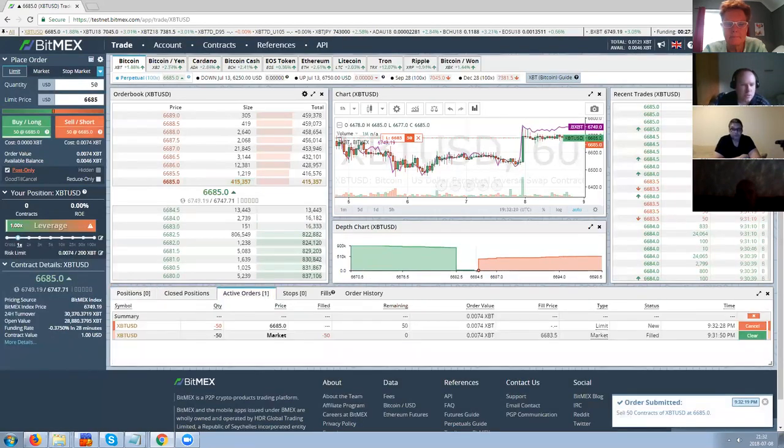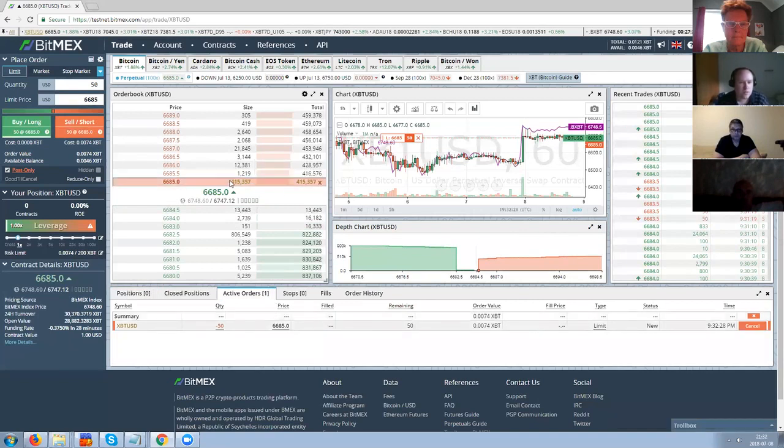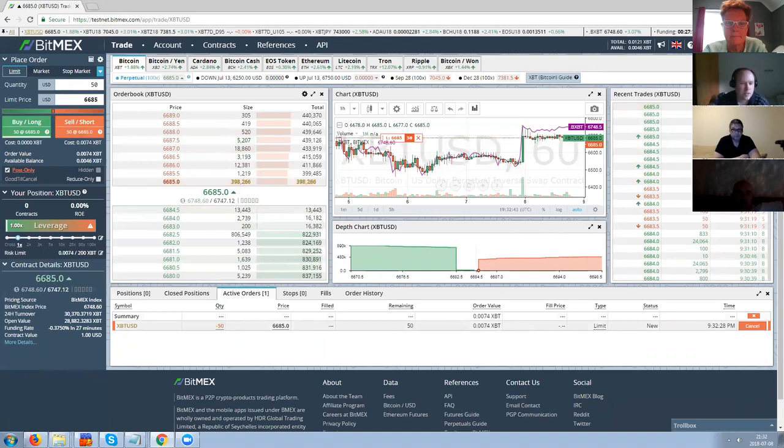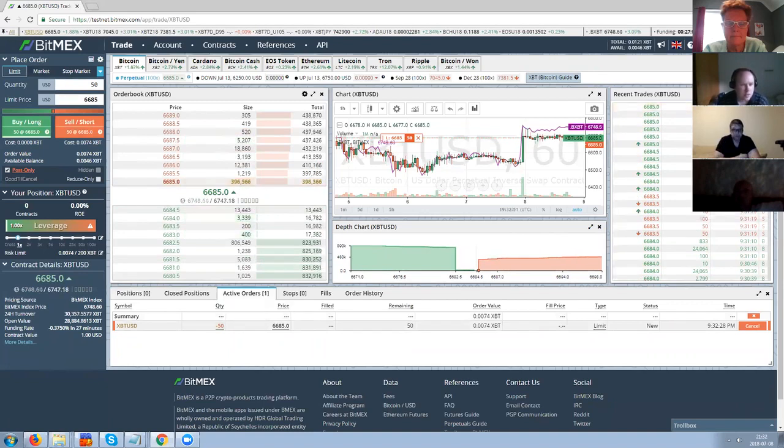Then it goes into active orders, and when the price goes up and someone wants to buy at this price, when all these orders have been filled, then it will close, and you see the quantity is minus 50 instead of plus 50. So I'm actually selling my contracts at this price and waiting for it to go down if I think Bitcoin is going down. So that's what you can use when you anticipate the market is going down.